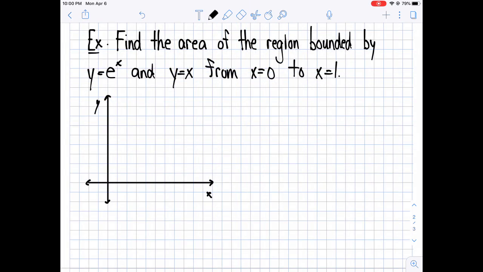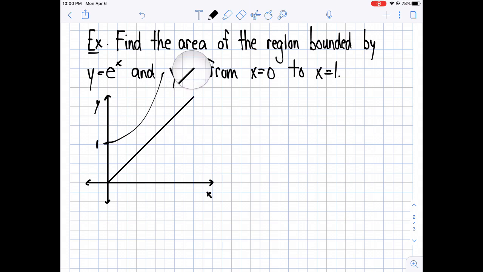So first off, what does e to the x look like? Well, it's going to be crossing over the y-axis here at y equal to 1. Then it's going to be an exponential function, so it's going to look something like this. Let's just fix that a little bit. We also have our curve y equal to x, so it's going to have a slope of 1, and it's going to cross through the origin.